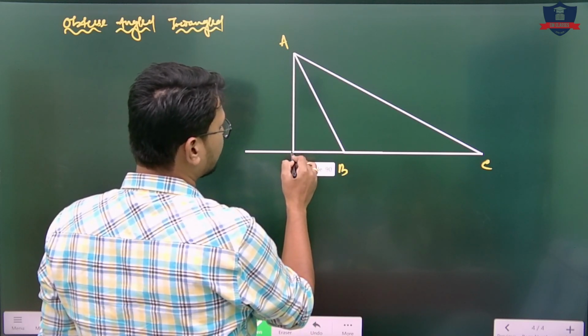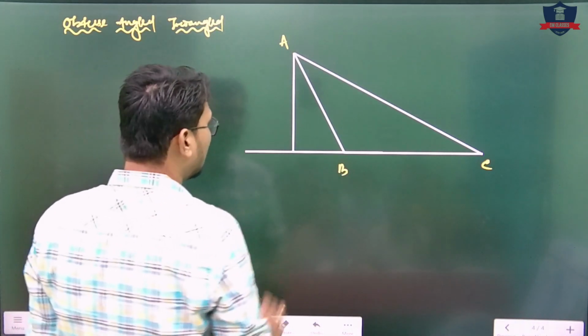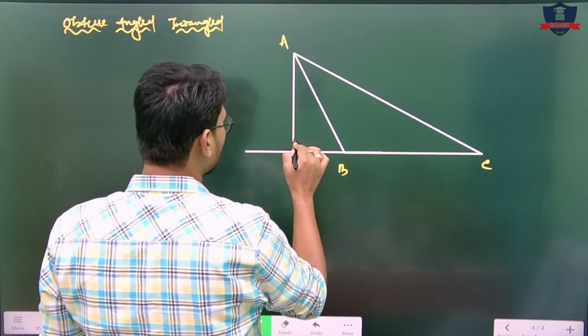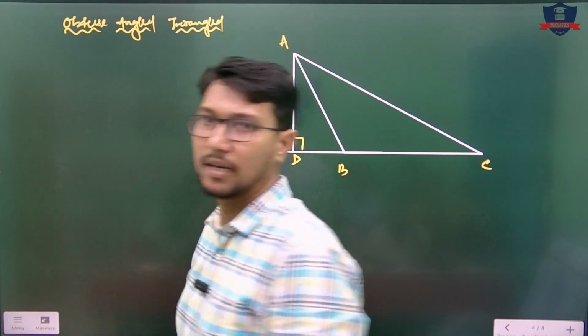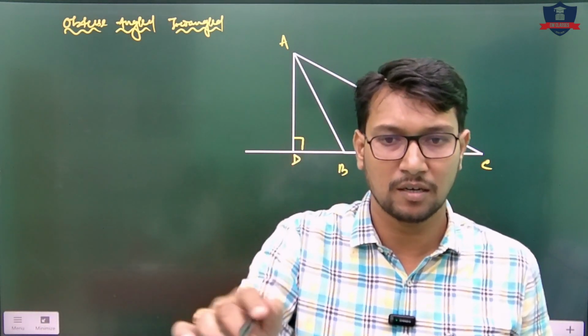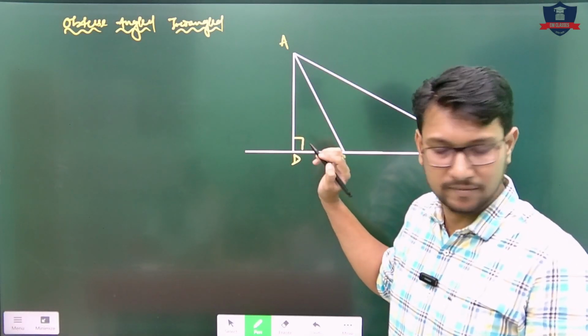Yes or no, everyone? Right? So here one of the heights is AD. Is that clear, everyone? Out of 3, this is one height.